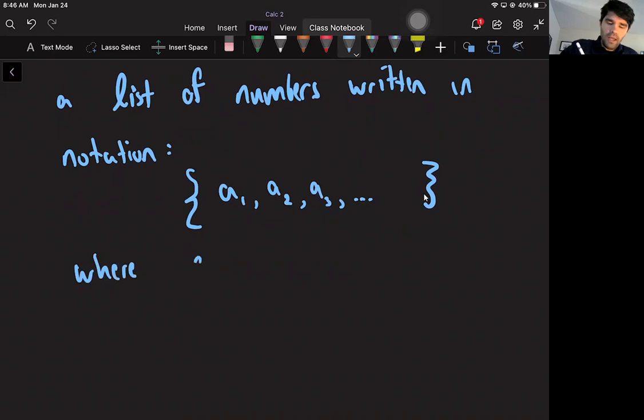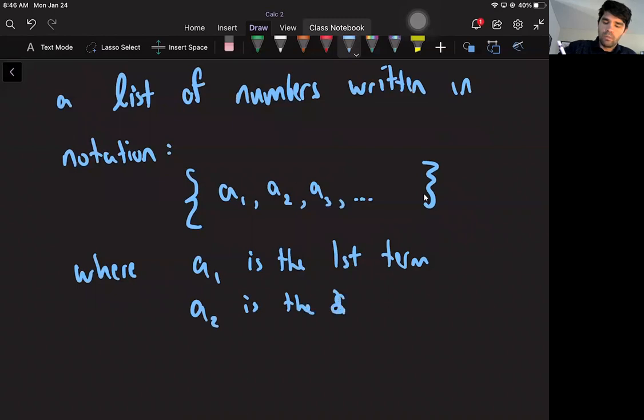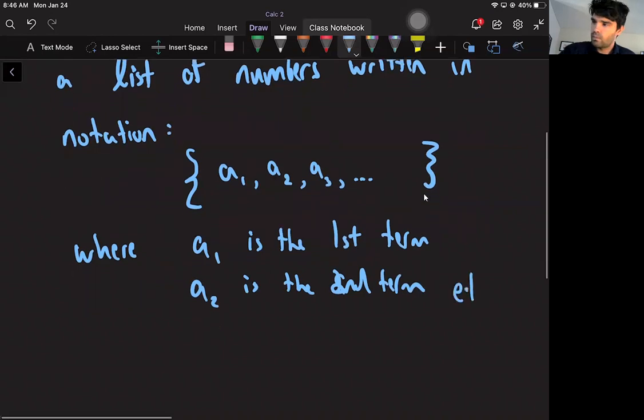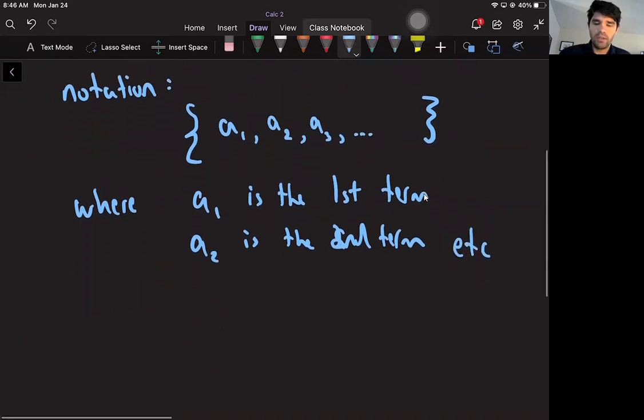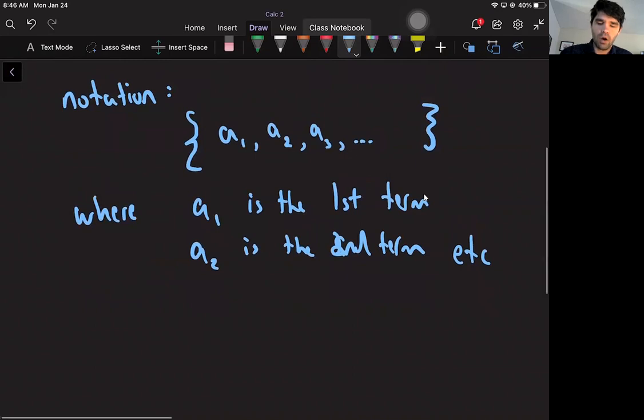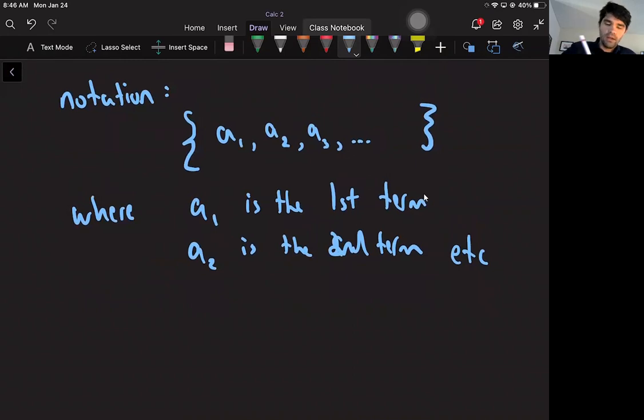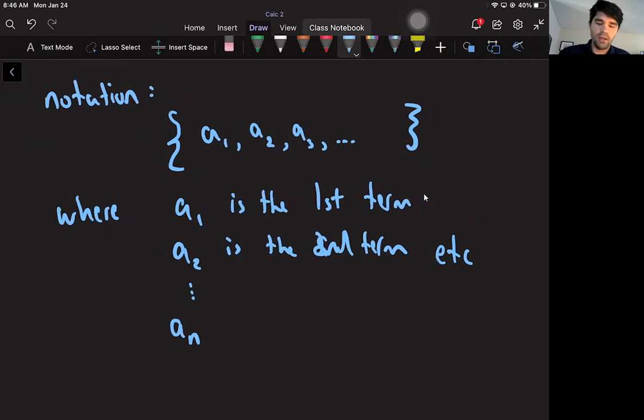And so you could call A1 the first term of the sequence. A2 is the second term, and so on like that. And very often what we need to do is think about just an arbitrary term called A sub n, where n is just going to represent some sort of general pattern so that you can pick out any term you want.